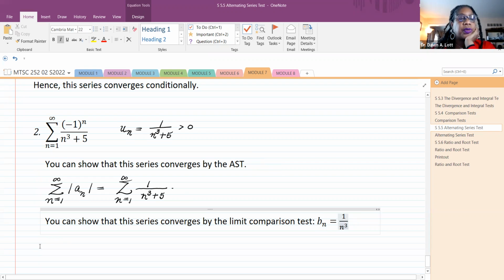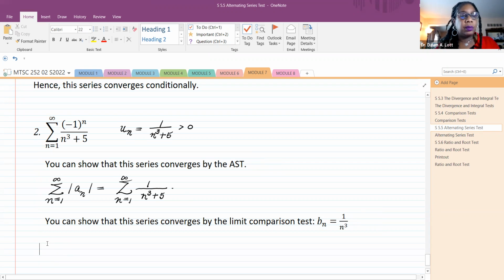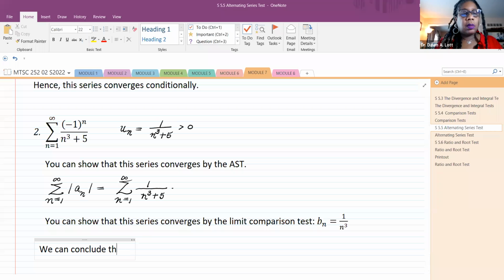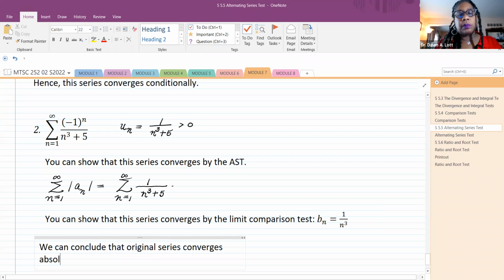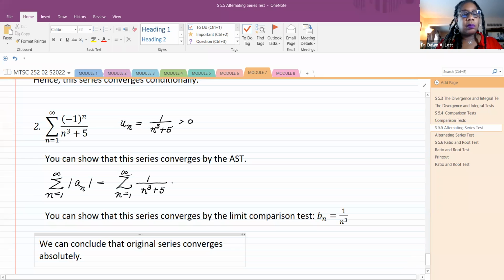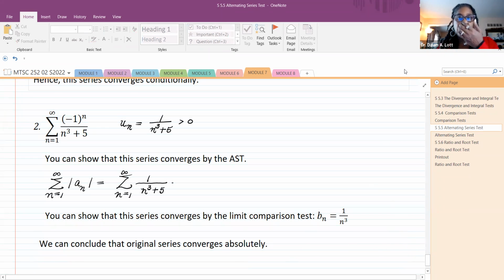So the fact that the absolute values converge means we can conclude that the original series converges absolutely, not conditionally, because its absolute value converges.